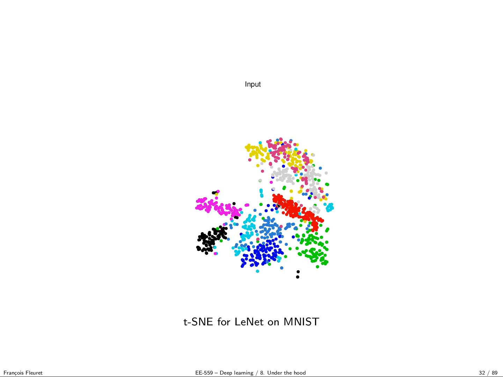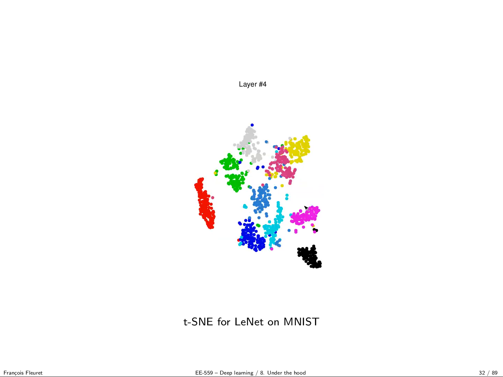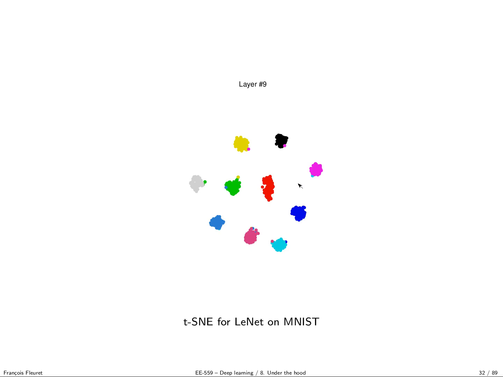And now what we can do is to go through the different layers of the LeNet, extract for every sample all the encoding in the different convolution layers, make them a 1D vector, and apply t-SNE again with the samples now encoded in this space. So here we are in the first convolutional layer, fourth, we directly jump to seventh, ninth, and then we are done.